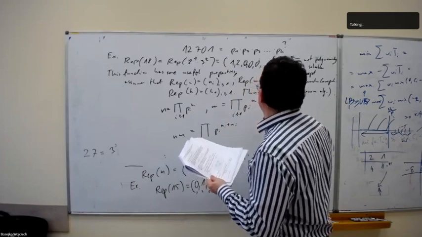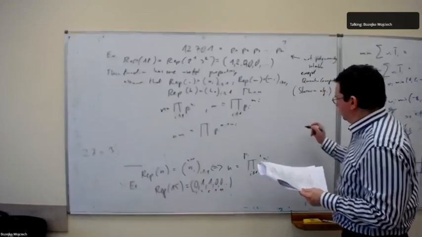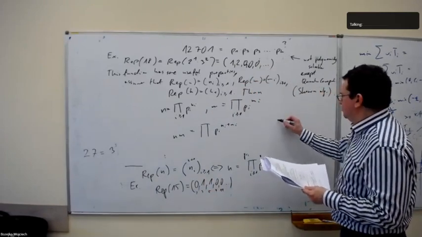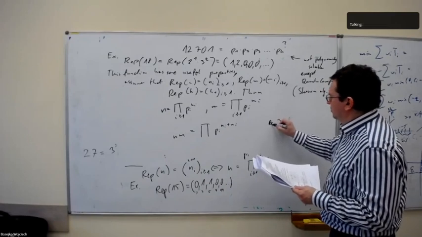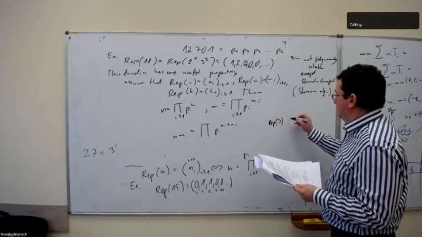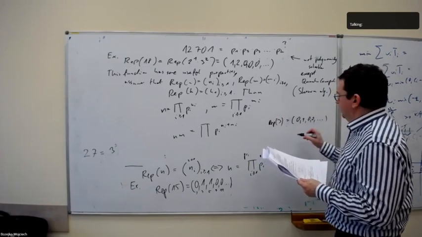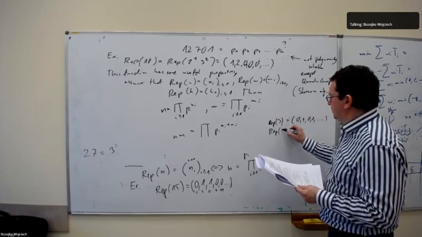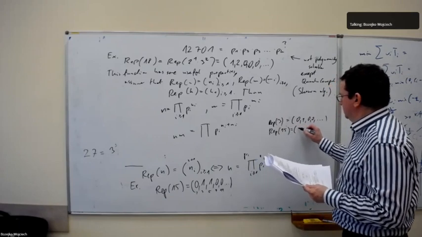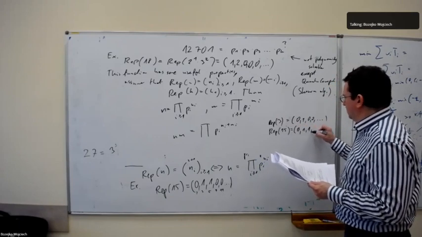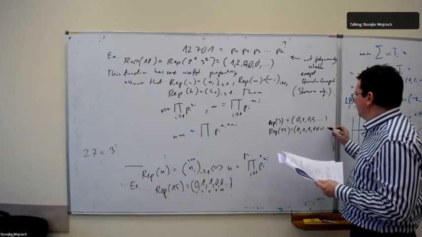An example, let us take here. If we have 3, the representation of 3 is just 0, 1. The representation of 15 is 0, 1, 1, because this is 3 and 5.